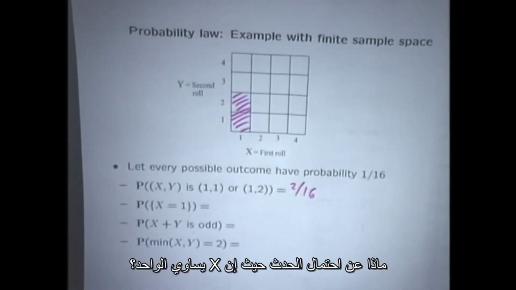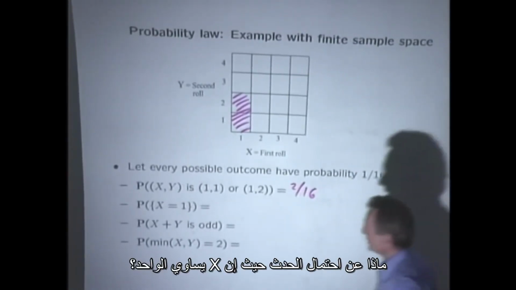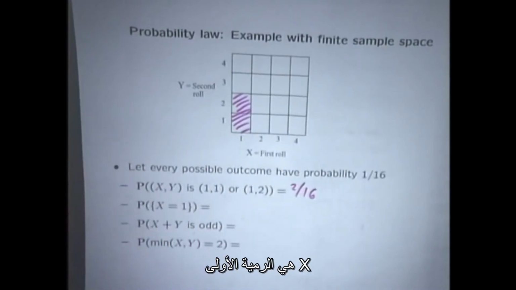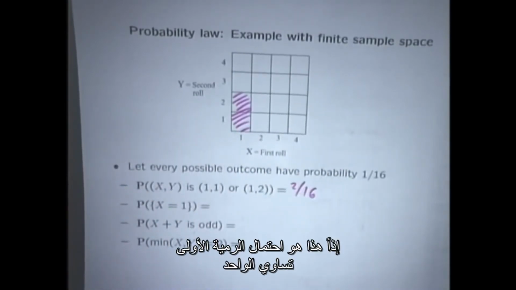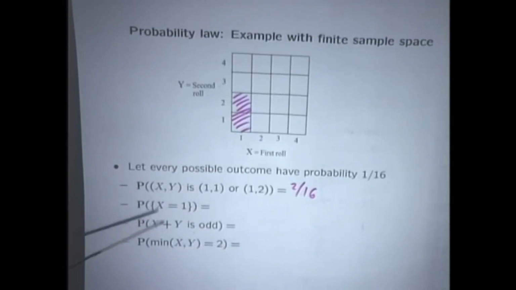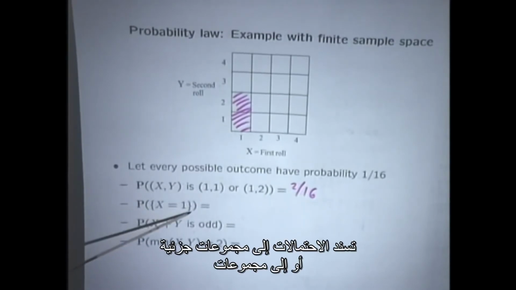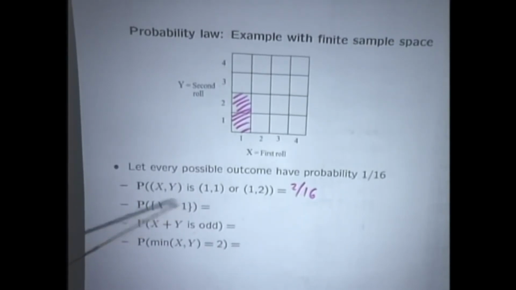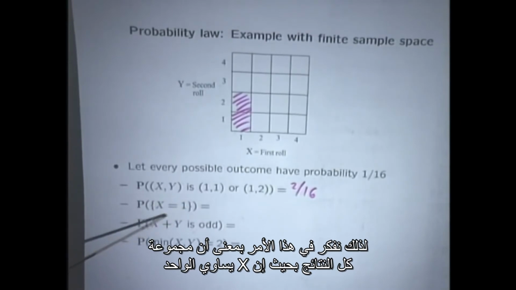How about the probability of the event that X is equal to 1? X is the first roll, so that's the probability that the first roll is equal to 1. Notice the syntax that's being used here. Probabilities are assigned to subsets, to sets. So we think of this as meaning the set of all outcomes such that X is equal to 1.